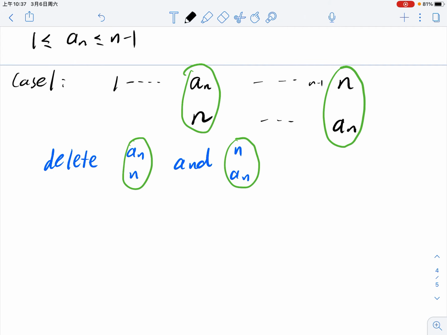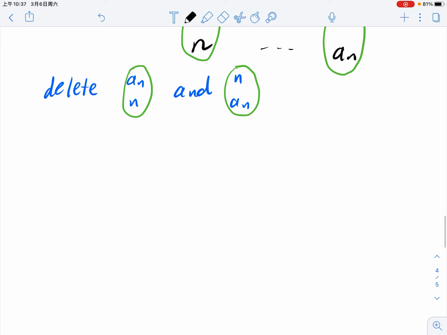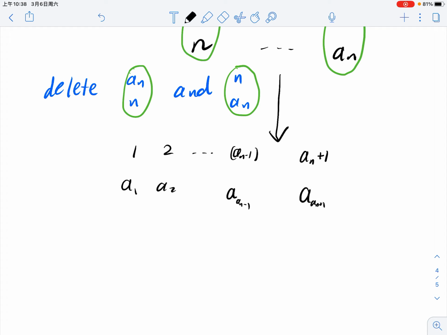From the derangement, then what do you have? You have 1 to A1 and 2 to A2, and so on, up to an minus 1 to an minus 1, and then this is empty, then you have an plus 1 to an plus 1, and so on, up to n minus 1 to an minus 1.